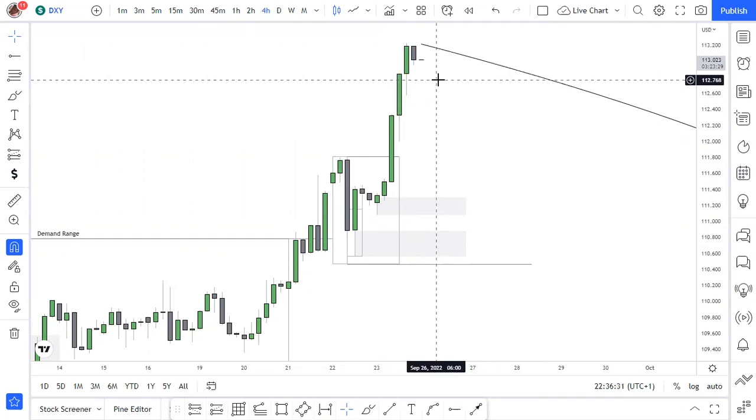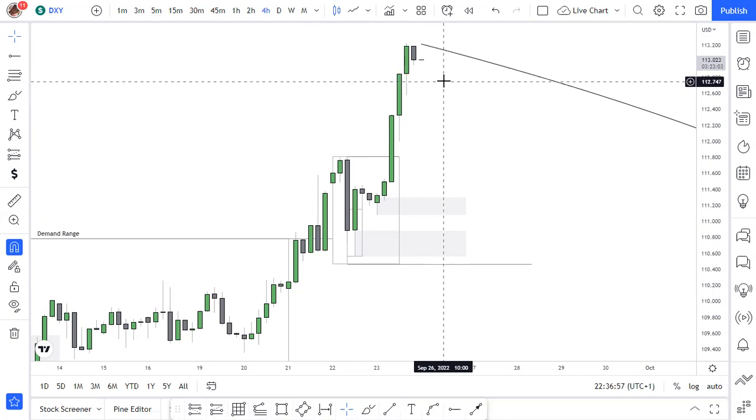Our idea now is that we want to look for some kind of pullback. We want to see price pull back. That's the whole idea on the higher time frame, that's the 4 hour and the daily time frame. So we need to see price align with that idea. We need to start seeing some kind of bearish structure on the DXY 15-minute time frame and stuff like that.